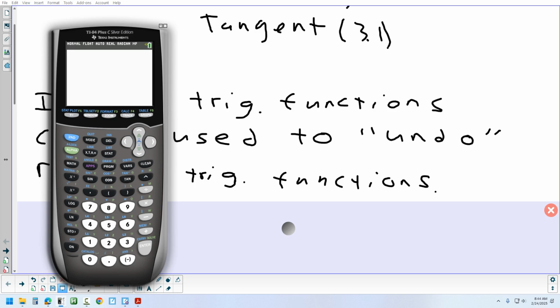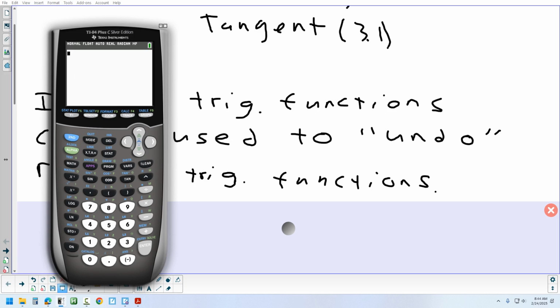Same thing if we take the number 5 and square it. We can get back what we started with by doing the inverse of squaring. And what undoes squaring? Square root. You get back what you started with.